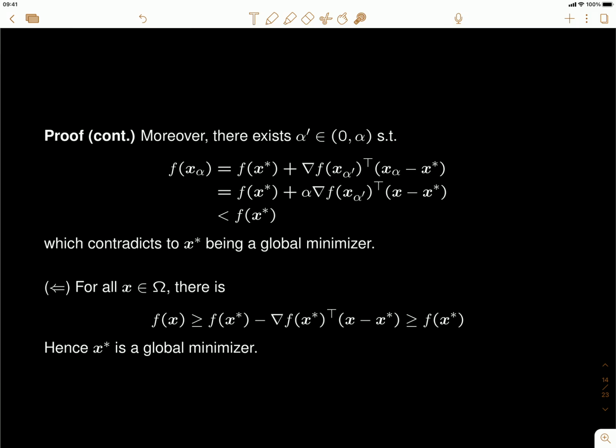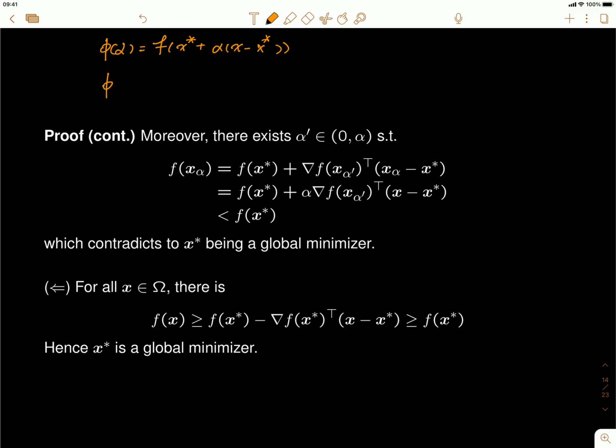Then f of x alpha is going to be equal to f of x star plus this. This is like Taylor's, thinking the same way that we did before. We define phi of alpha to be f of x star plus alpha times x minus x star. So it's a function of alpha only, and x and x star are given.